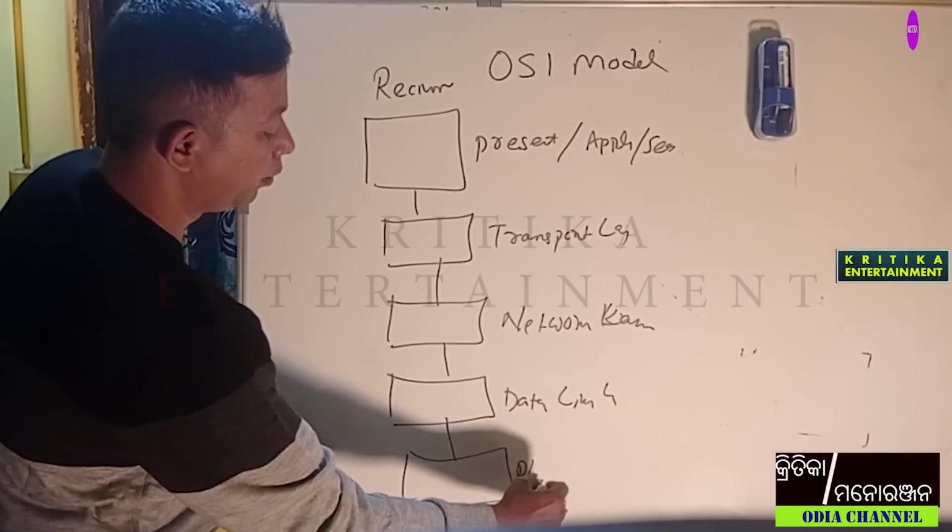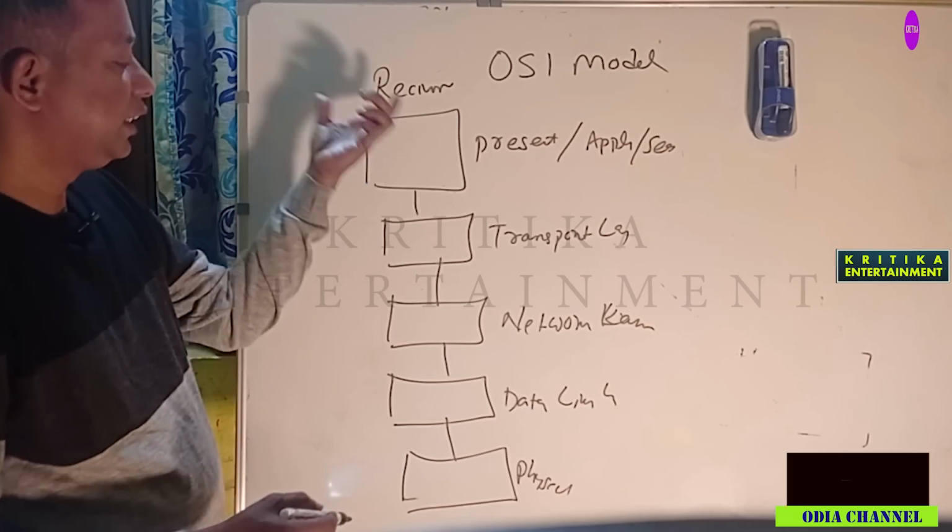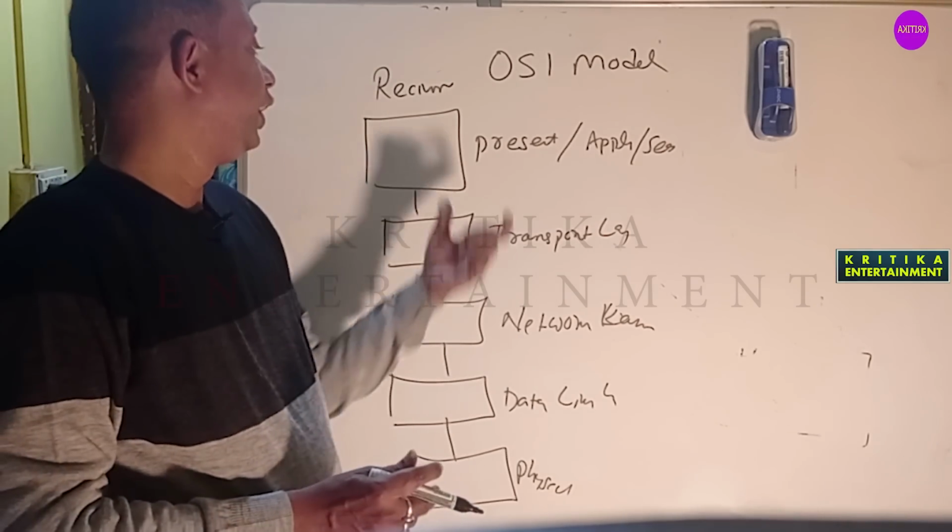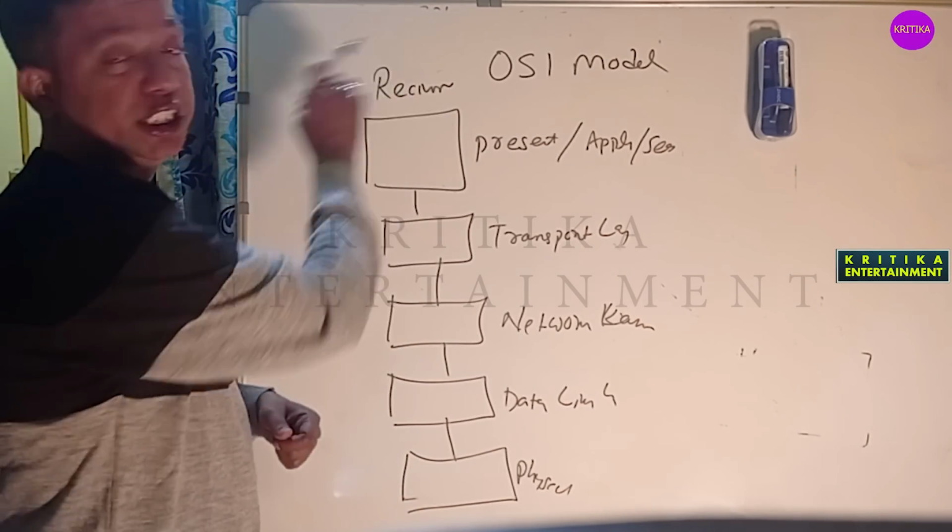These 5 layers are present in your OSI model. This is the receiver machine.